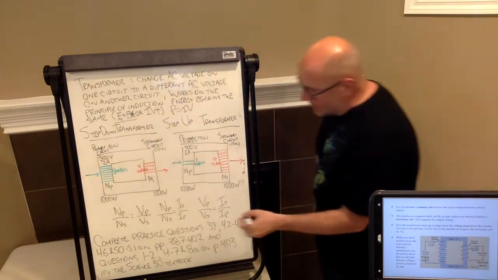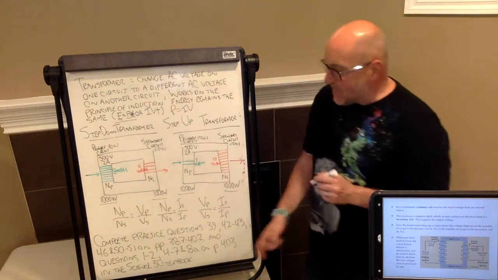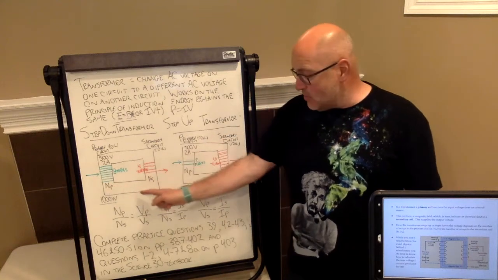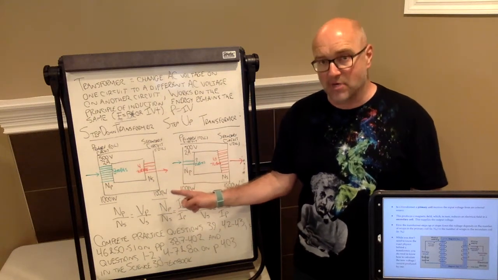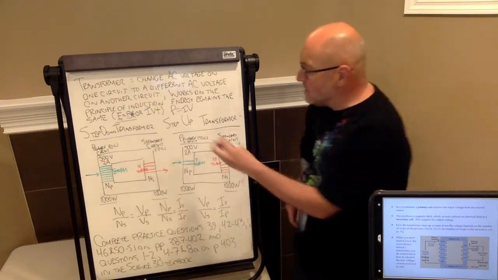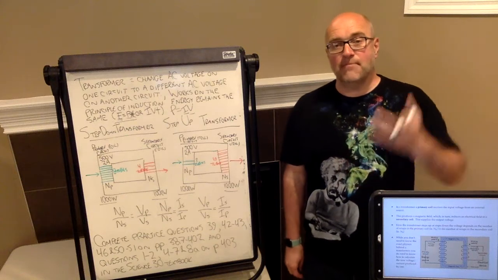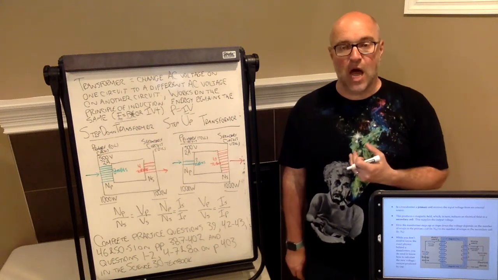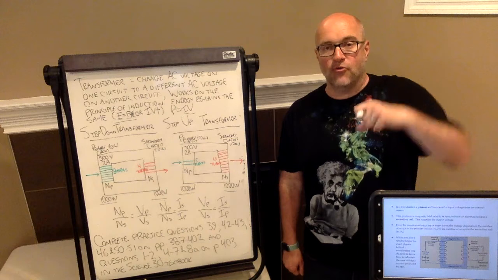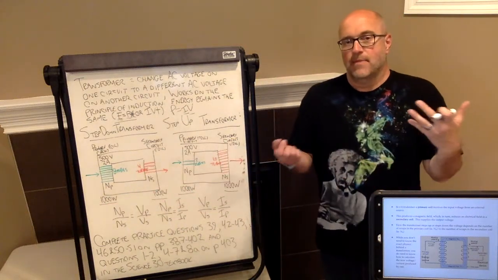The power, i.e. the energy coming in, is going to be equal to the energy coming out of this transformer. What's going to change is my ratio of I to V. If I increase my voltage, then by default my current will have to drop. If I increase my current, my voltage will have to drop in order to maintain the same energy level.